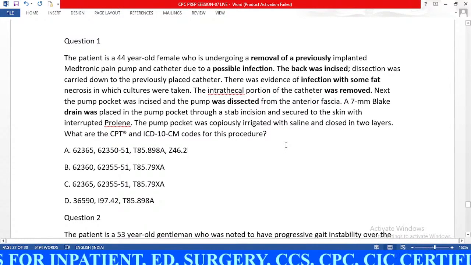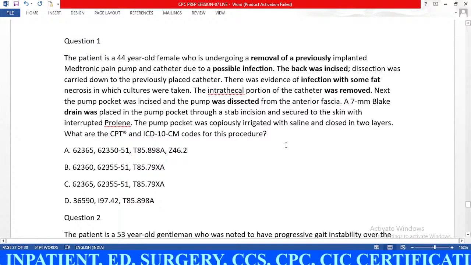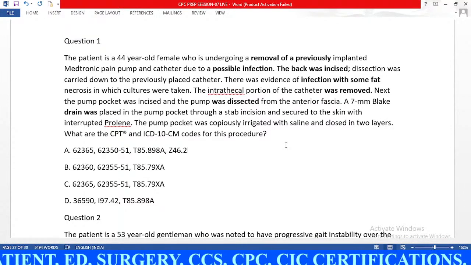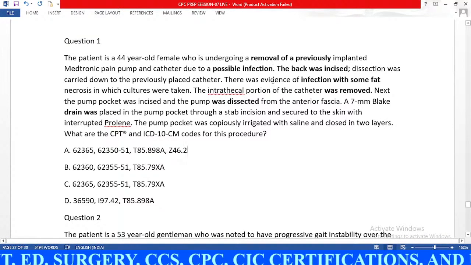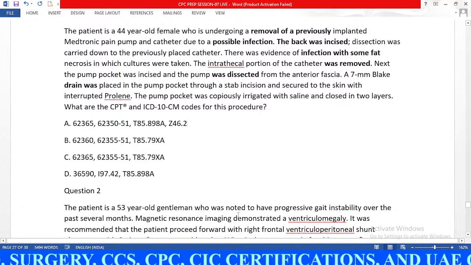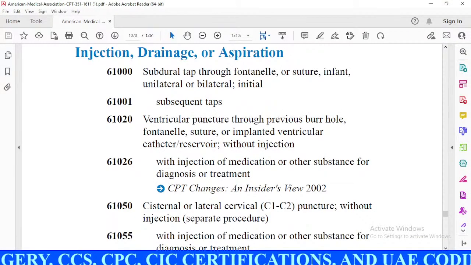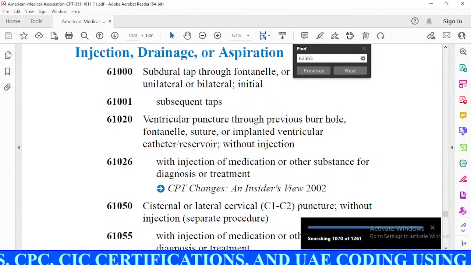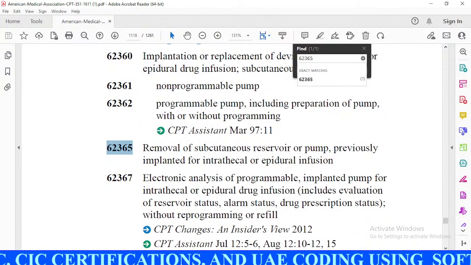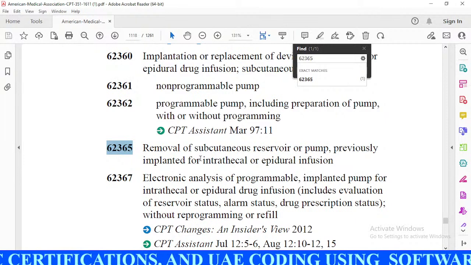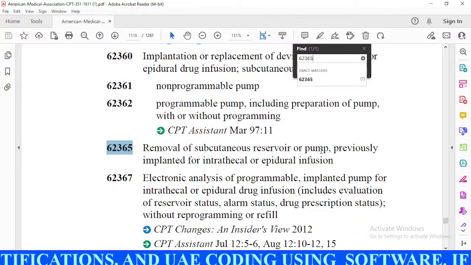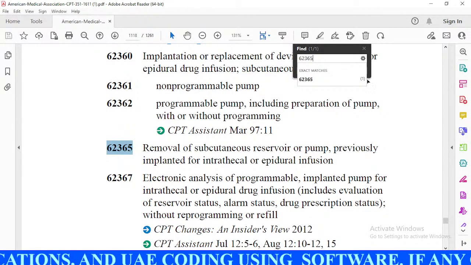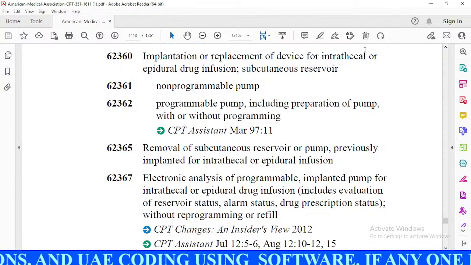So now we will check the answers. As soon as you see the question, you need to understand the keywords. We will check 62365. Removal of subcutaneous reservoir or pump previously implanted for intrathecal or epidural infusion.